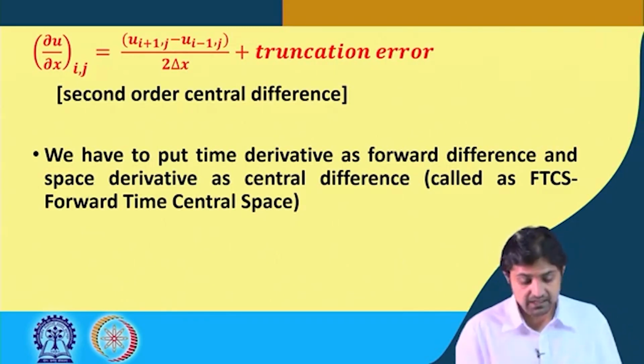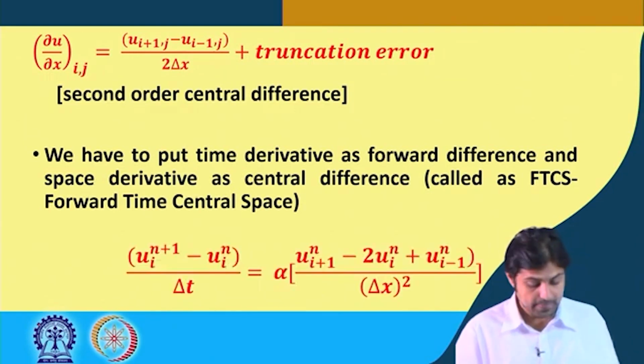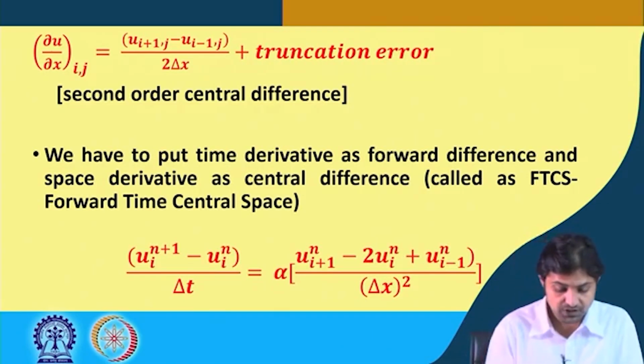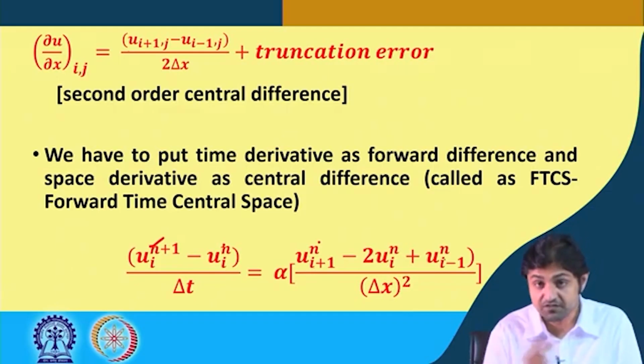Terms like that are quite important. So, we write ui n plus 1 minus ui n is alpha times ui plus 1 n and so on. This n is for the time. So these I plus 1 and I minus 1 are all calculated at the previous or current time.